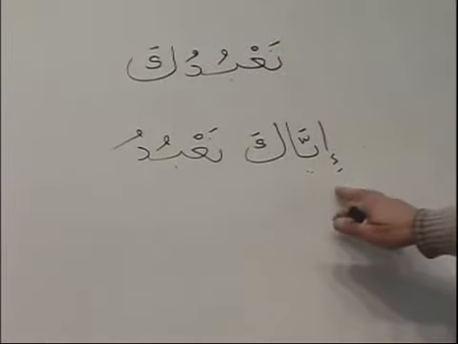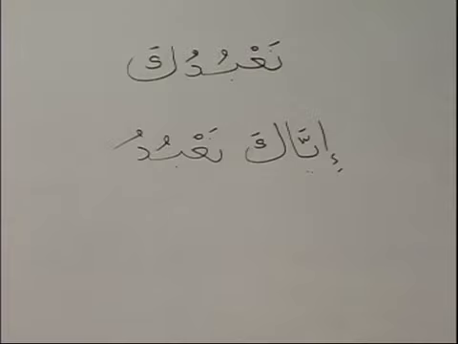Now, I can make 14 out of that. Are you with me? Let us do the 14 now. Iyahu, iyahuma, iyahum, iyaha, iyahuma, iyahunna, iyaka, iyakuma, iyakum, iyaki, iyakuma, iyakunna, iyaya.